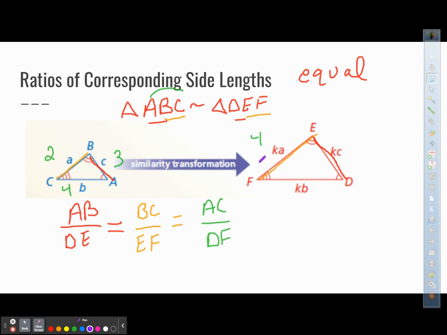BC corresponds to EF. So 2 to 4, you would do 2 times 2. So all of these, you would also have to multiply by 2. So to get DE, you would do 3 times 2, which is 6. To get DF, you would do 4 times 2, and get 8. So they're saying that 2 over 4 equals the same thing as 3 over 6.